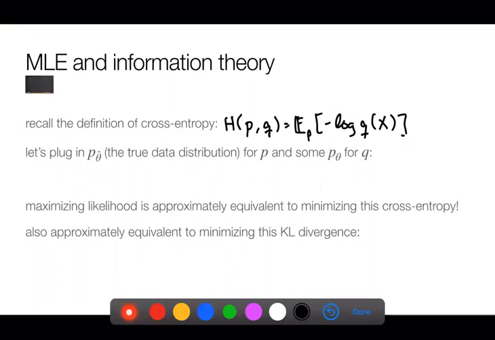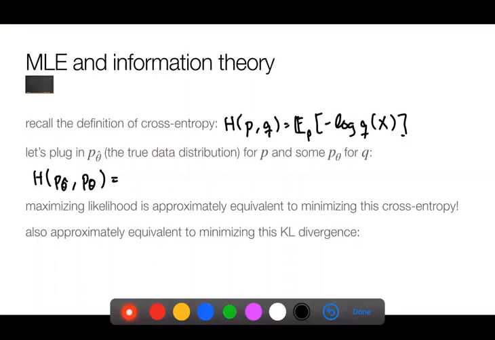Let's take a look at what happens if we plug in the data distribution and our model into this equation. So we have the cross entropy between the distribution that's actually generating our data versus some model that we have with parameters theta.